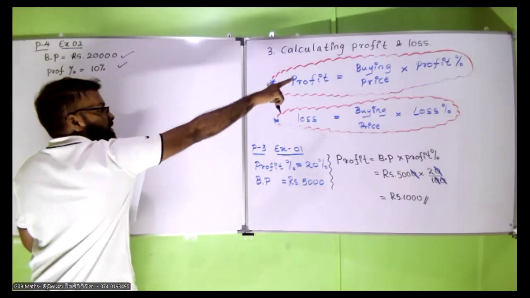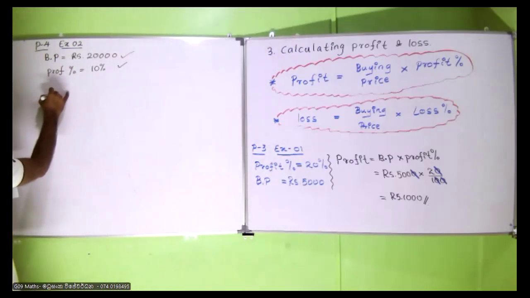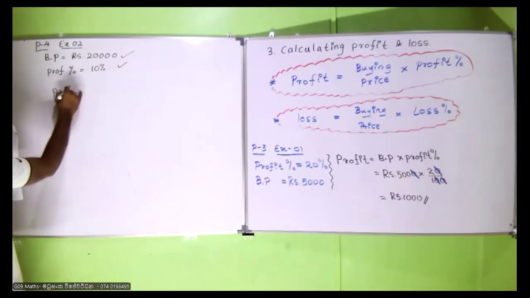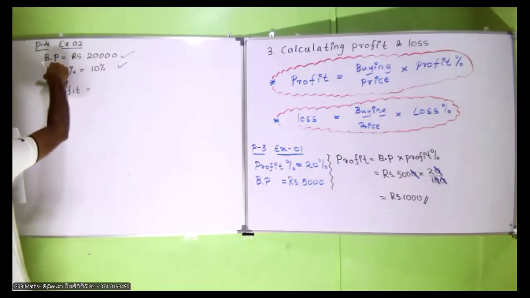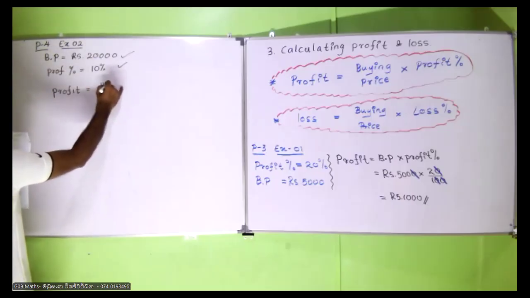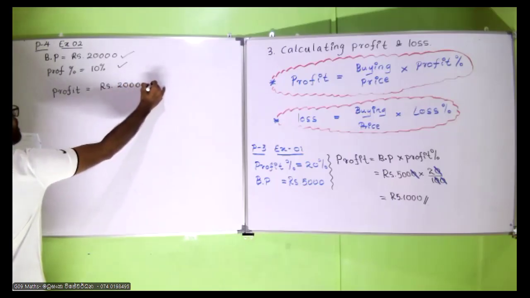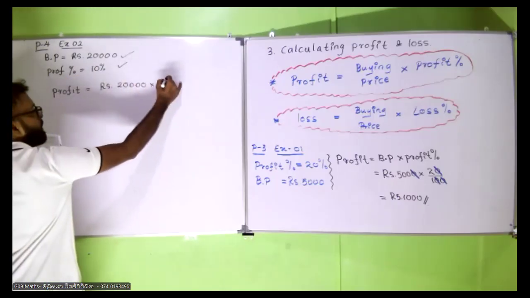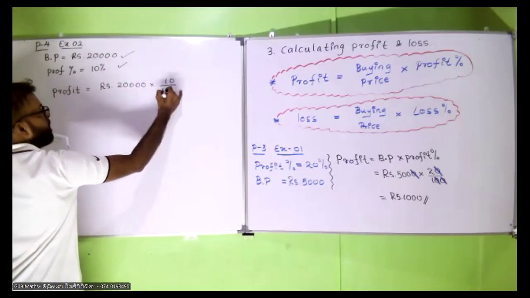So that is the equation we need to use. Profit equals buying price, 20,000 rupees, multiplied by the profit percentage. 10% means 10 divided by 100.